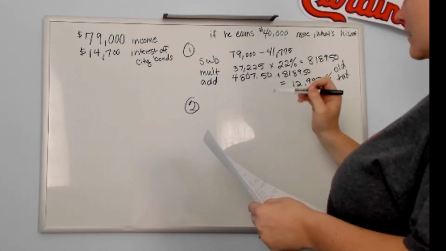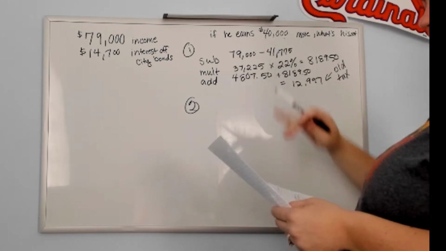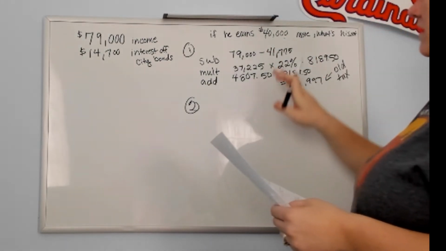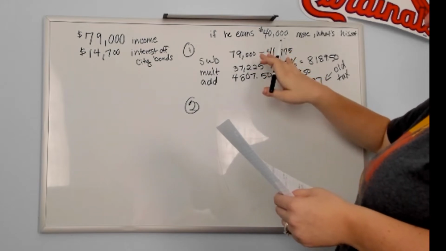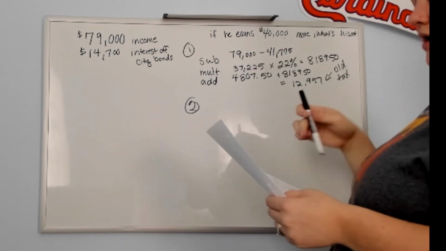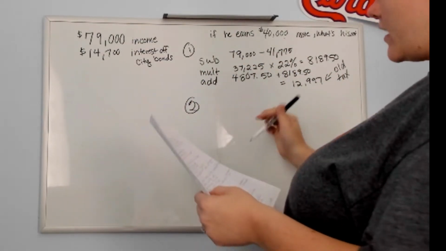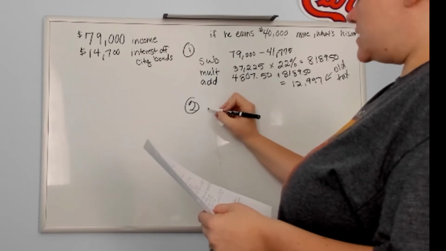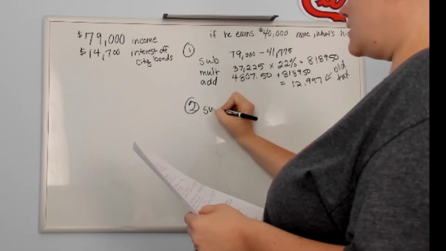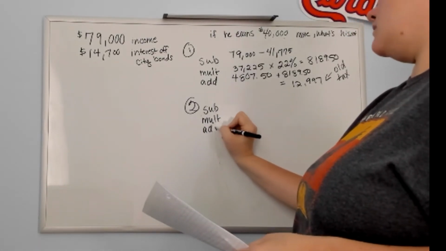So this is going to be the tax of what could be if he earns $40,000 more in taxable income. So we have to determine what that amount is. 79 plus the 40, that's going to be 119. You'll go back to your tax brackets and find that. We're going to continue to use the subtract, multiply, add method.